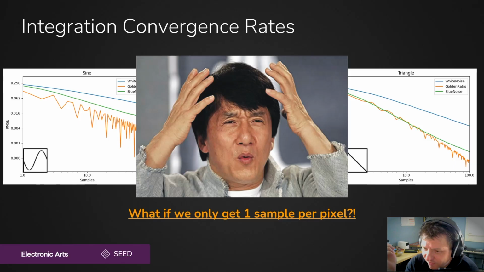But oftentimes in video games, we only get 1 sample per pixel, or maybe we get that 1 sample per pixel at a reduced resolution, so it's even effectively less than 1 sample per pixel. When you're working in that situation, it doesn't really matter what your convergence speed is, right? Because you only have 1 sample. And we do have TAA, or temporal anti-aliasing, which does leaky integration over time and helps you gather multiple frames for a final result.